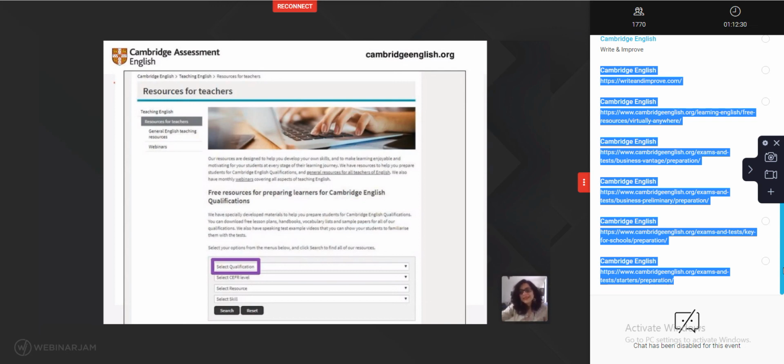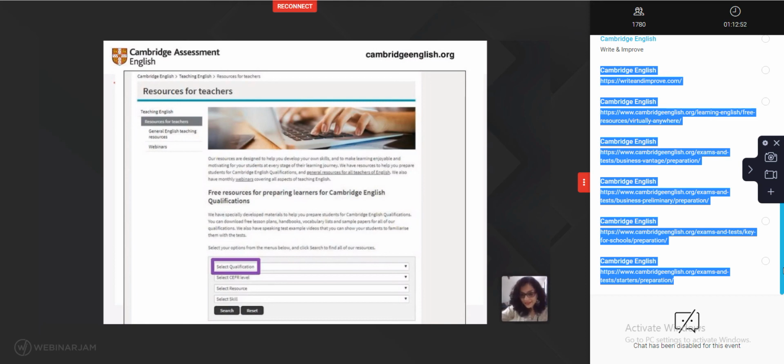Just in case some of you are not aware of this, you need to go to cambridgeenglish.org, and there is a plethora of resources absolutely free for teachers, right? Where you just need to select the qualification, that is the exam which you want to prepare your students for.